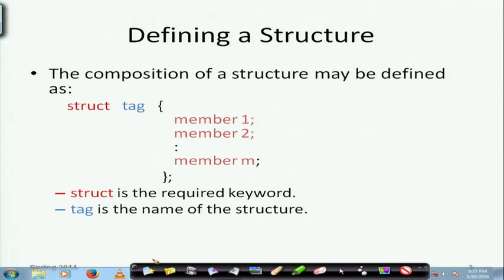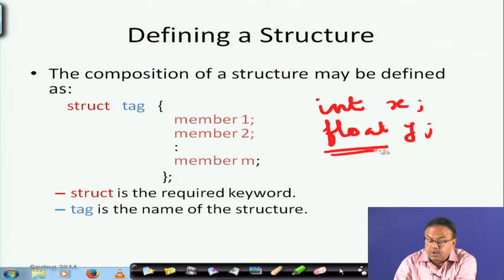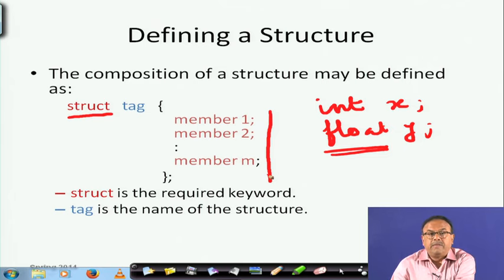We had done int x, float y, etc. So here also, instead of int or float, I have to say struct, and what the struct is, that is defined. So first of all, I have to define the structure. Int and float are defined by default. Any C compiler will understand what int or float is.